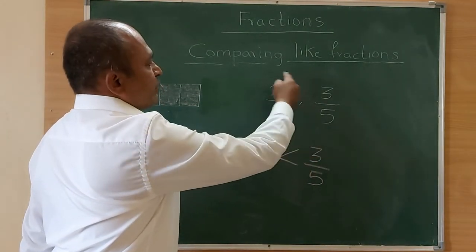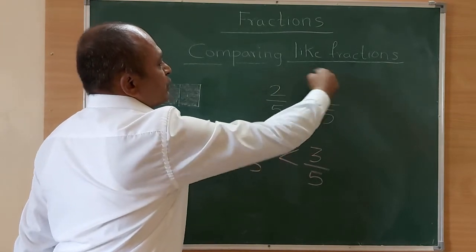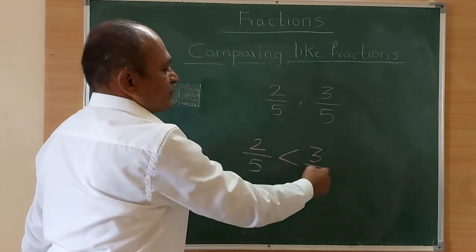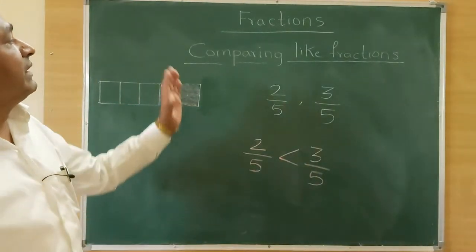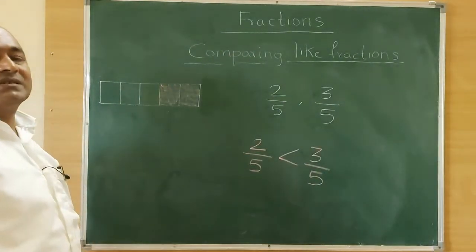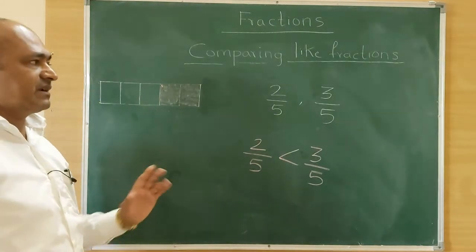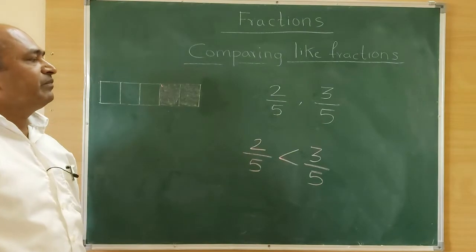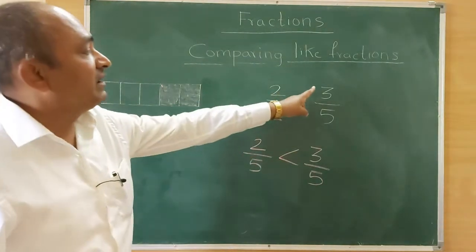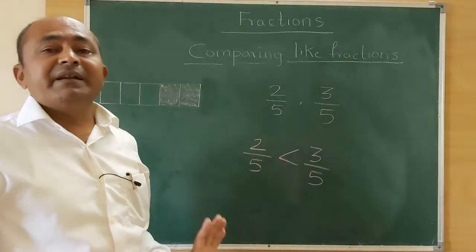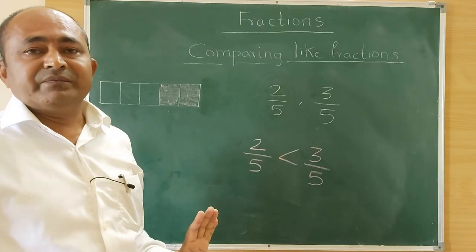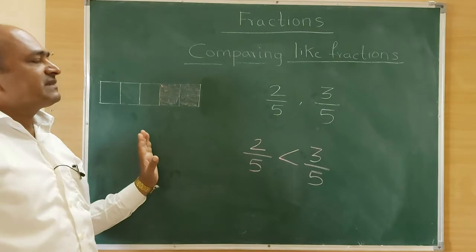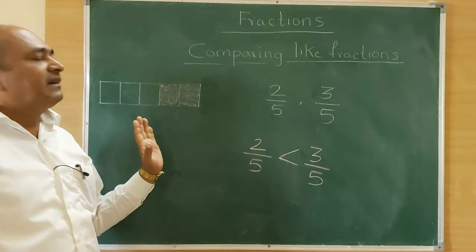Denominators are the same, so you only have to see whose numerator is greater. This numerator is greater, so this fraction is greater. I hope comparing like fractions is clear to you.